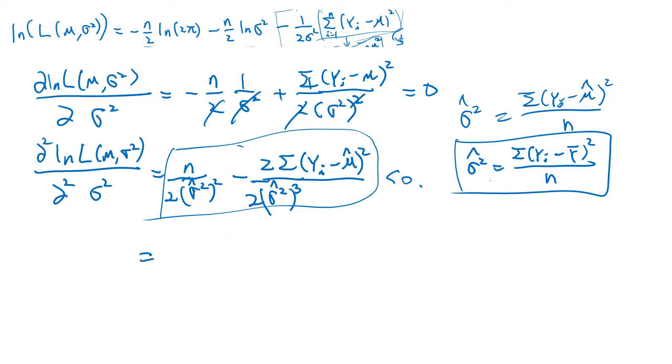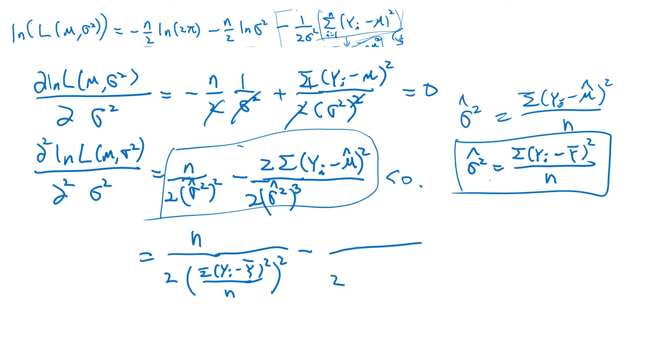So this is n over 2 times n over the sum of yi minus y bar squared, and minus 2 times n over the sum of yi minus y bar squared to the third, and here 2 times the sum of yi minus y bar squared, and we can put n here, and cancel one of these, and 2n.